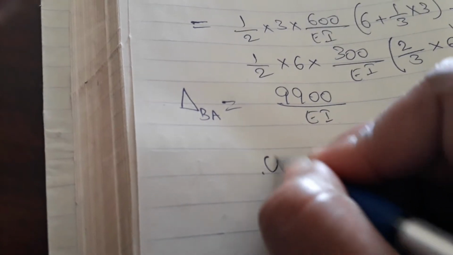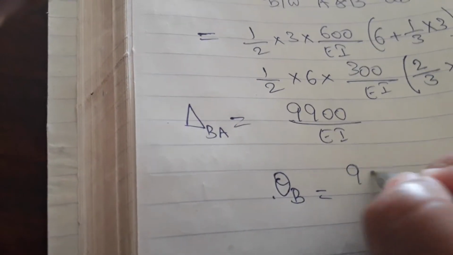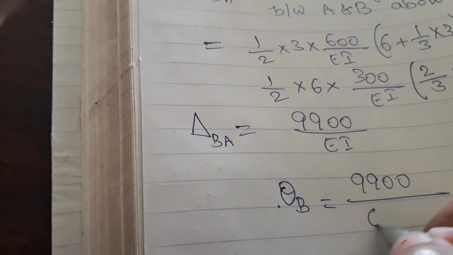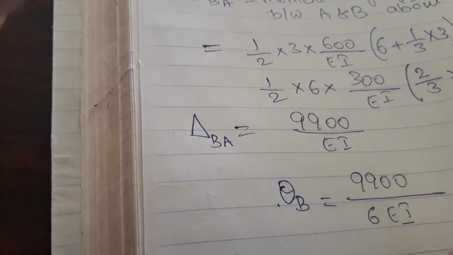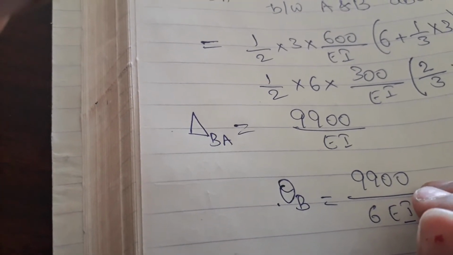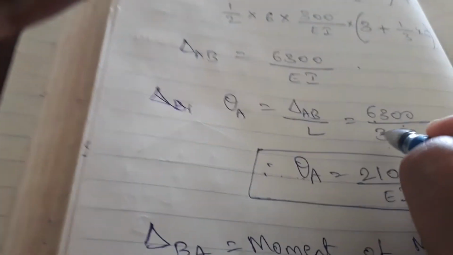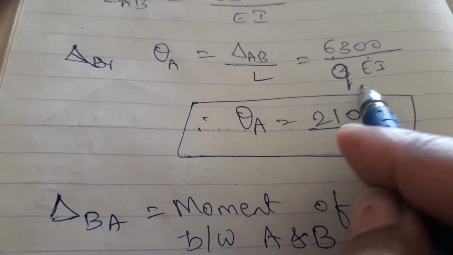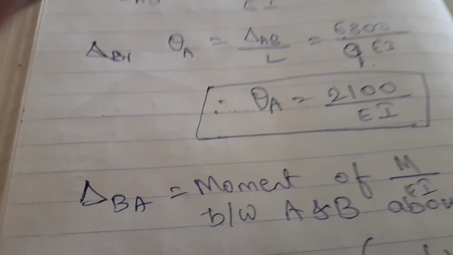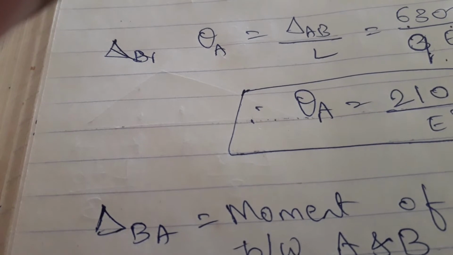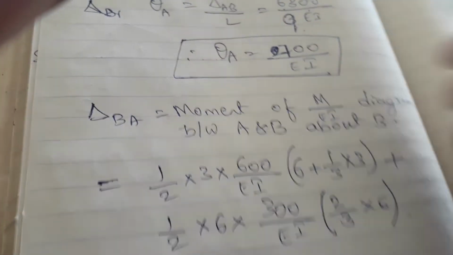So we can write theta B is equal to 9900 by 6 EI. L is 6. So L is 9 actually, right? Here it is not 3. L is 9. So 6300 divided by 9 is 700, over the overall span of 9.